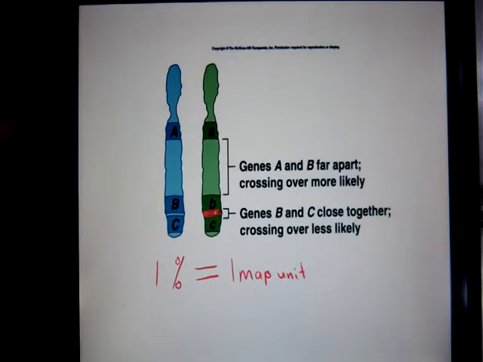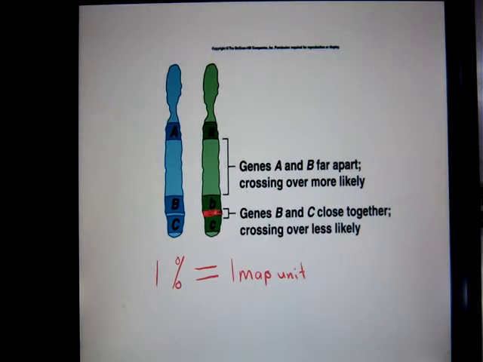Now we use this information to help us figure out distances on chromosomes. So we know that genes that are close together don't cross over very often, and genes that are far apart do. So the percentage of crossovers that we see in offspring, we use to measure distances. We call it map units.